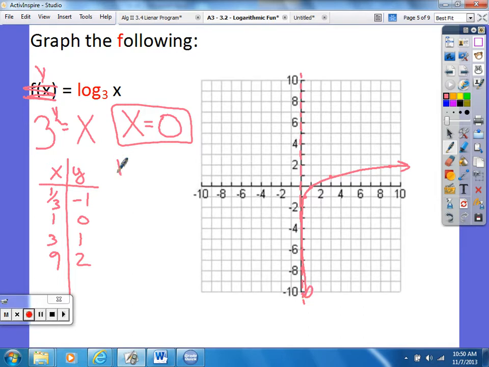Let's do domain and range real quick. Domain are my x's, right? Well, what's the smallest x value here? 0. And can it be equal to 0? Nope, just greater than, right? Range are my y's.